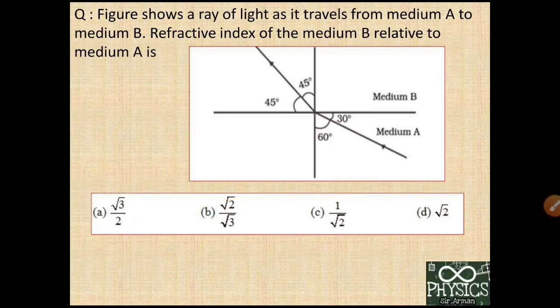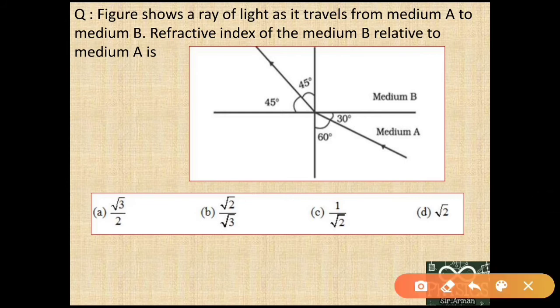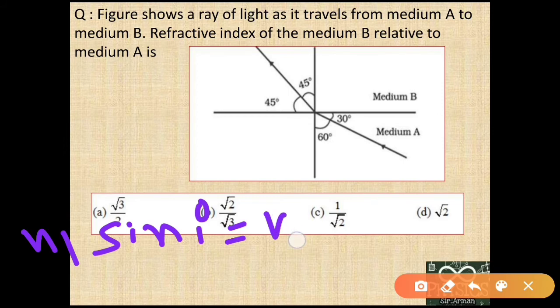Now in terms of the angle, we will find the refractive index using Snell's law. Now what is Snell's law? Snell's law is eta 1 sine i equals eta 2 sine r.